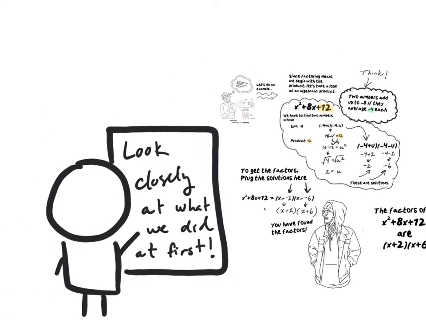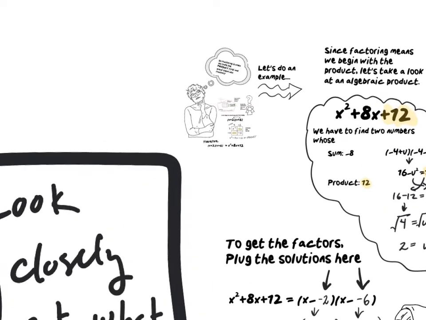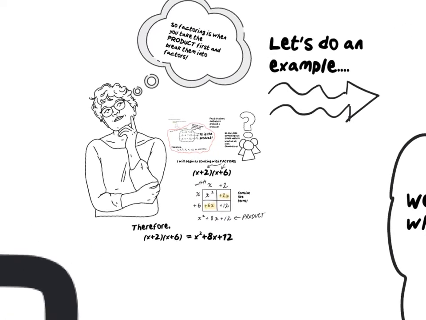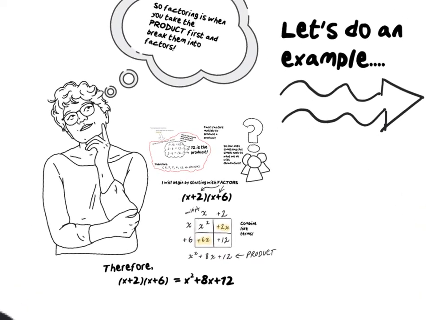All right, so we're going to go back and look real closely at what we did at the very beginning. Look at what the factors are. The factors are x plus 2 times x plus 6. These were the factors that we started with when I first started my example.